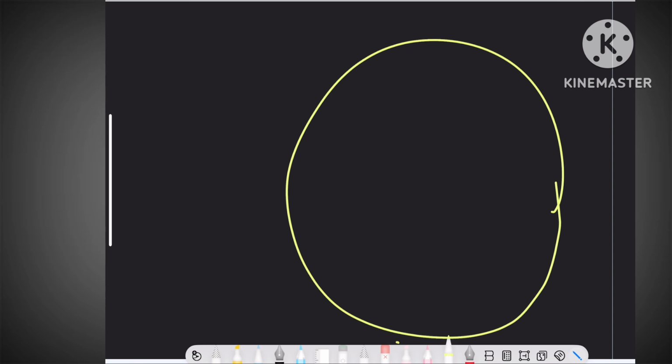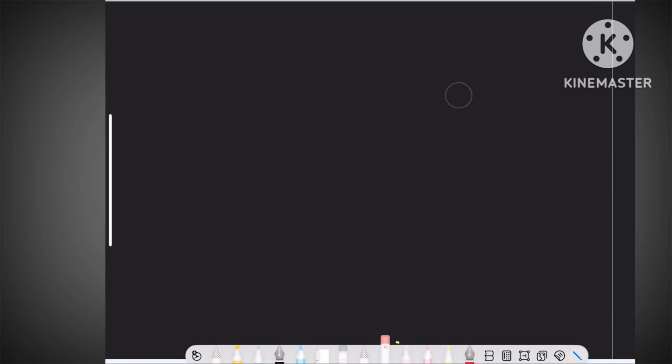We can tell the degrees here, this one, this one, this one. And this is how we can locate Earth on a geographic grid. And we can also locate a particular country such as India, or many countries.